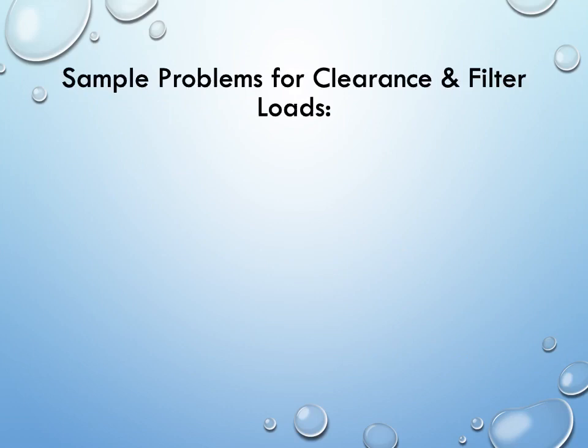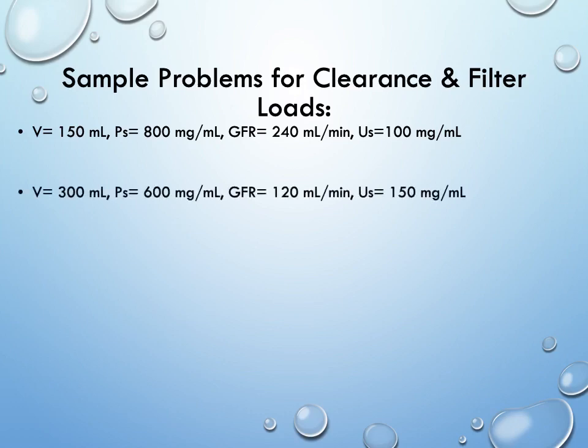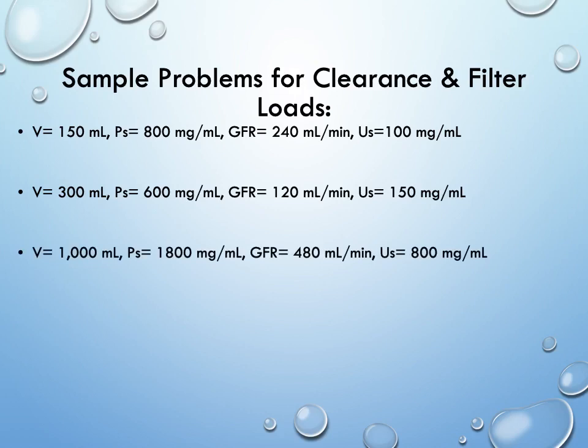So the first sample problem that we're going to look at: a volume of 150 milliliters, a plasma concentration of 800 milligrams per milliliter, a GFR of 240 milliliters per minute, and a urine concentration of 100 milligrams per milliliter. The next example you want to try to work on: a volume of 300 milliliters, a plasma concentration of 600 milligrams per milliliter, a GFR of 120 milliliters per minute, and a urine concentration of 150 milligrams per milliliter.